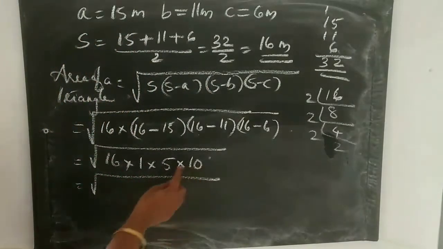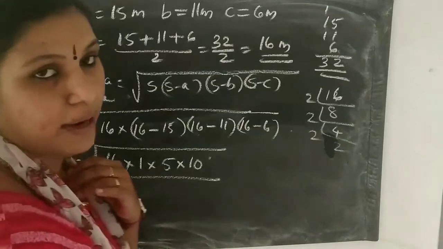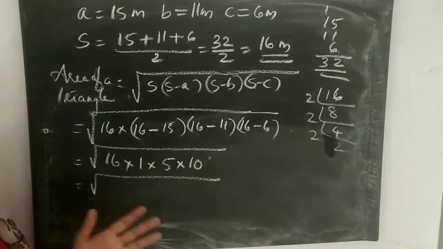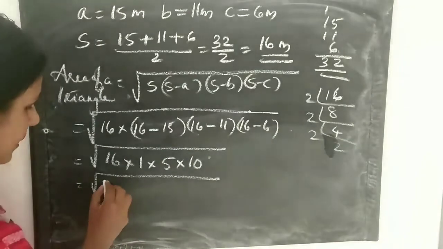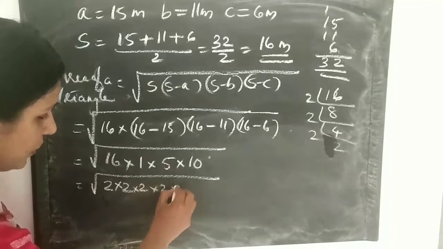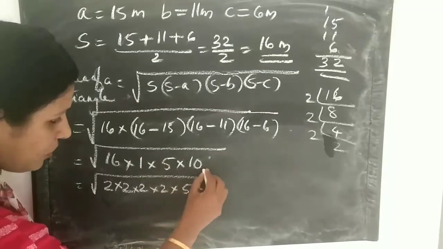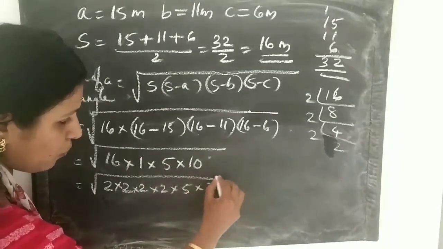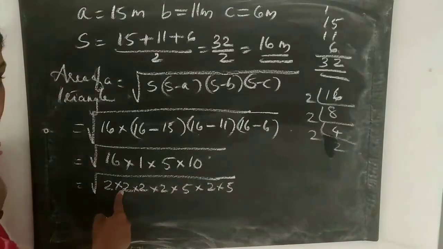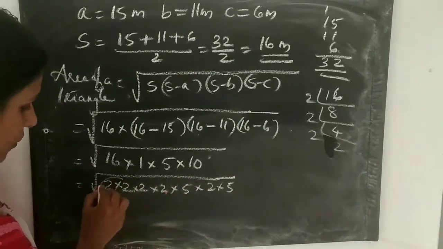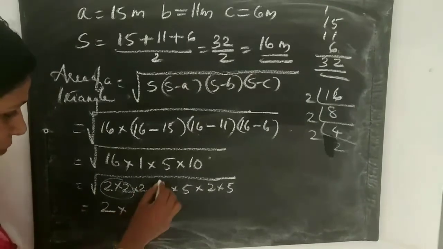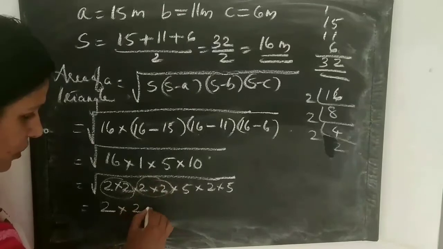Otherwise, you can multiply this and find the square root of that number by the long division method. That is 2 into 2 into 2 into 2 into 5, then again 2 into 5. From these two you take one 2 outside, and from these you take one 2 outside.